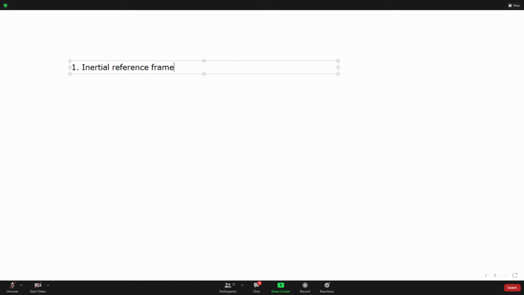So Newton's laws of motion are not true in a non-inertial frame. And how do we know that we're in a non-inertial frame? We see effects that don't make any sense. We feel forces when there's nothing pushing on us, is the easiest way to say it. So how do I deal with a non-inertial frame? I have to formulate the problem in an inertial reference frame, and then Newton's laws apply.